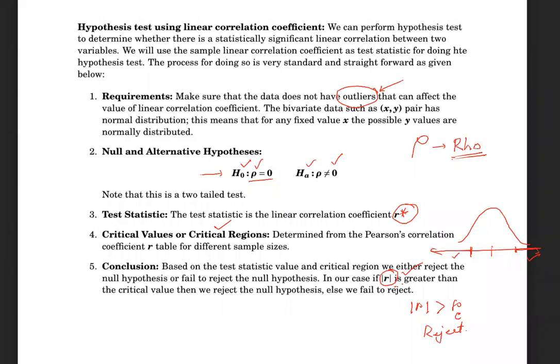What is the null hypothesis? That there is no linear correlation. Rho is equal to 0 means no linear correlation.